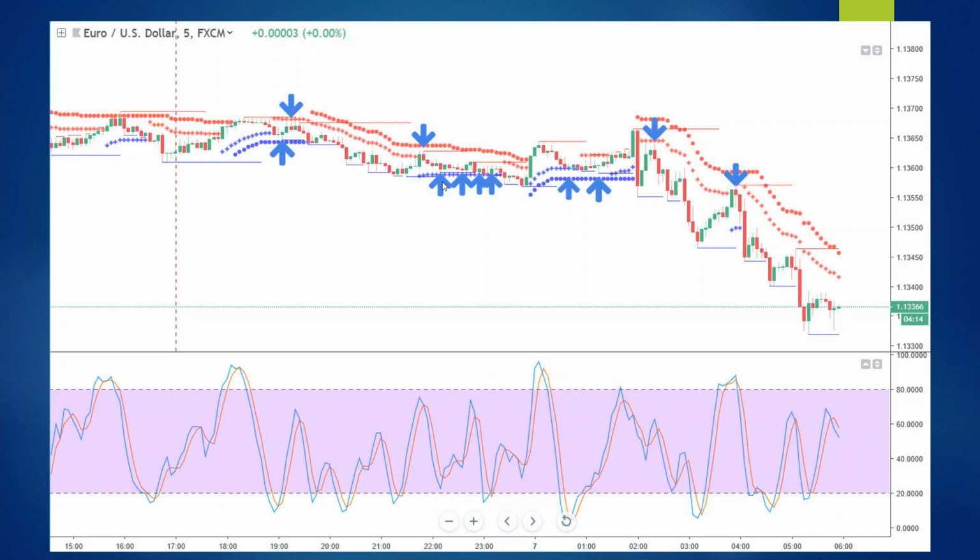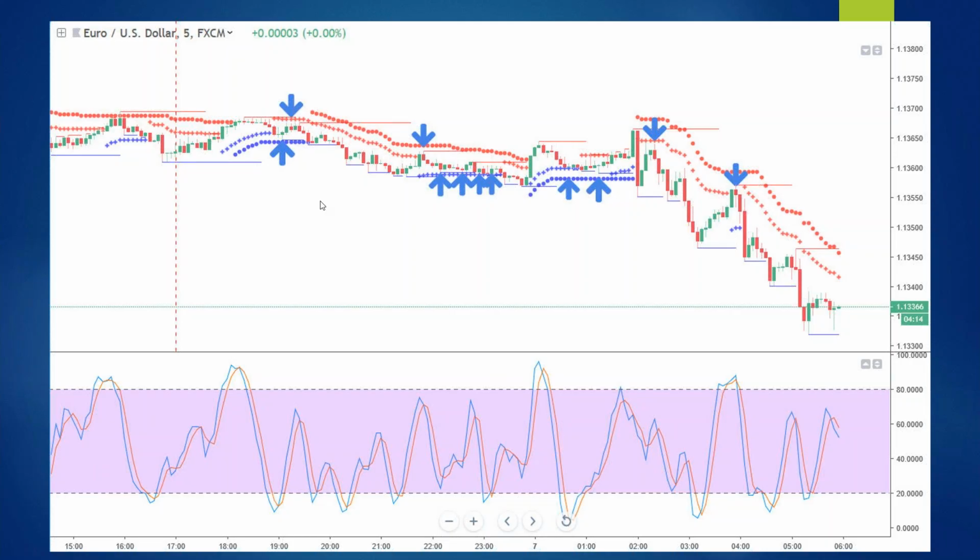Short, you would be long, long, long, long, long, long, short, short. Okay. So in all, you have 7, 8, 9, 10, 11 entries. That's on a 5-minute chart. And this is just from Asia into about 1 hour of the London session.